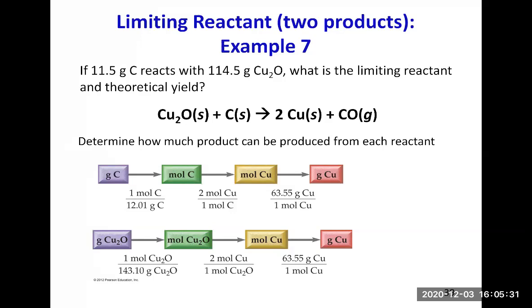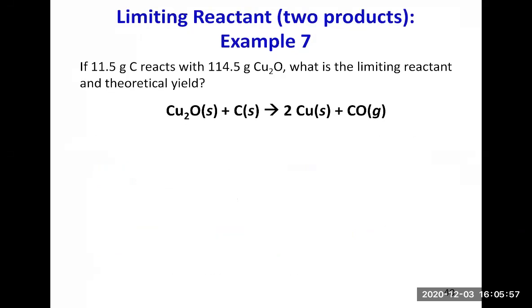So here it says that 1 mole of Cu2O will produce 2 moles of copper. And then from the moles of copper, you can go back to grams of copper using the molar mass of copper. And so once you have those two products amount, you compare them, and the smallest amount determines the limiting reactant.